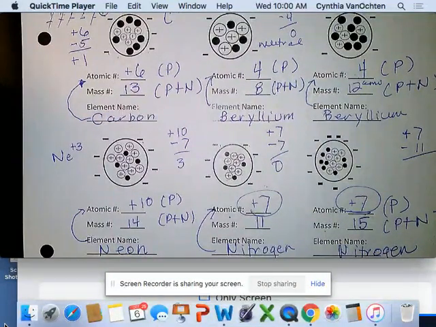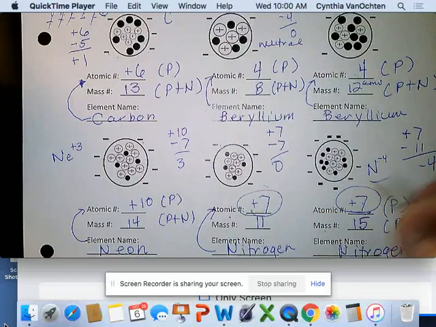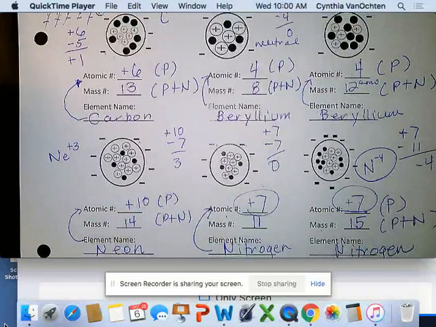Who knows what that is? What is it, Alexis? Not negative 2. What is it, Gavin? Yeah, negative 4. And if you don't know, draw out the charges, okay? So then you would write this as N negative 4. That's how you would write that, okay? So again, we're just practicing this.